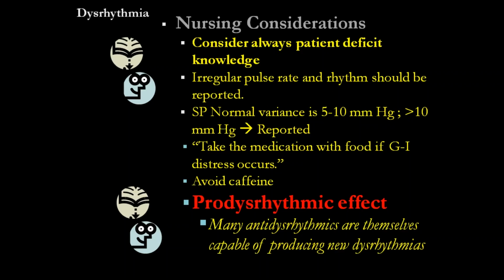All right, any medication you can take with food if you have GI distress. That can happen, for example, with beta blockers, and we are going to see that some anticoagulants produce this problem. Big letters here: the pro-dysrhythmic effect.